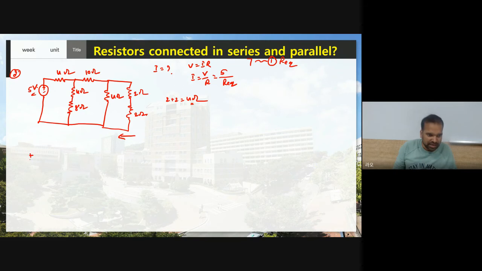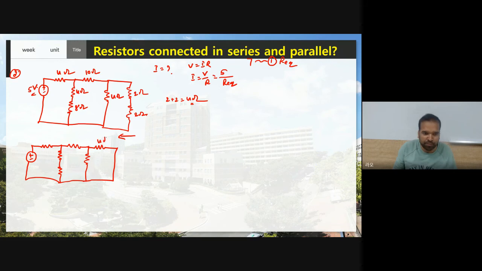Each time we need to redraw the circuit, so it is very easy to find R equivalent. Now here we have 4 ohm. Instead of these two resistors, I draw a single resistor with the value of 4 ohm. So here we have a 4 ohm resistor, and this is 10 ohm, and here this is 4, 8 and 4, and this is 5.